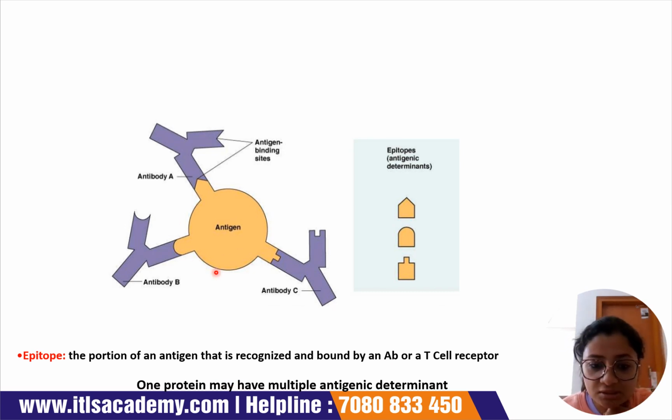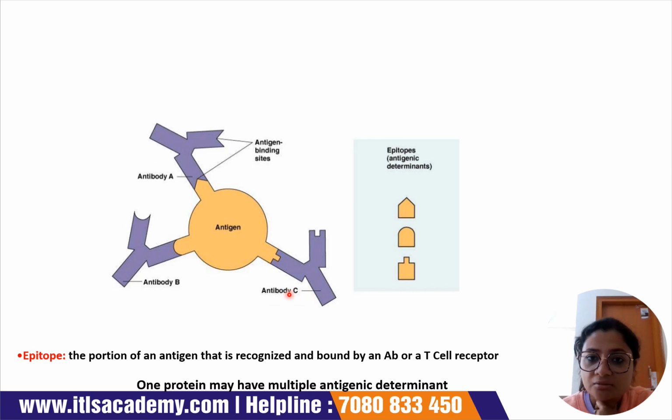See, this is your antigen, and this antigen has three epitopes. To these three epitopes, three different antibodies can come and bind. To the first epitope, antibody A has come and bound. To the second epitope, antibody B has come and bound. And to the third epitope, antibody C has come and bound.